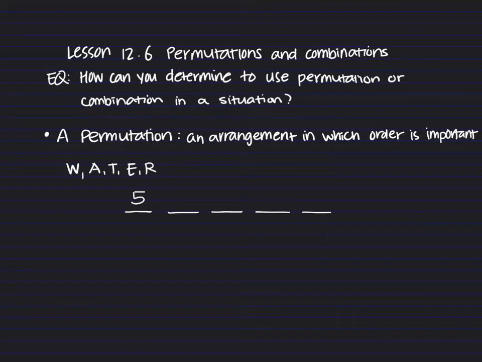Now, if I choose a letter, I don't know which one it is going to be, but let's say I chose a letter, then I am going to have 4 options for my second letter choice. And then, as you can imagine, for my third option, I'm going to have 3 choices and then 2 choices, and then for my last one, I really don't have any choices. It's just going to be whatever is left over.